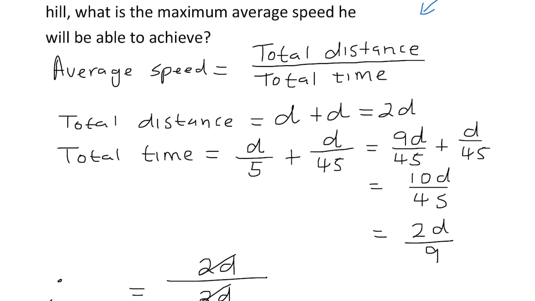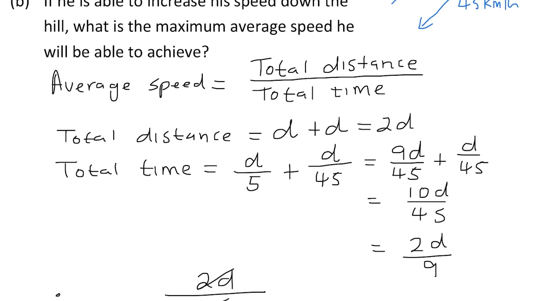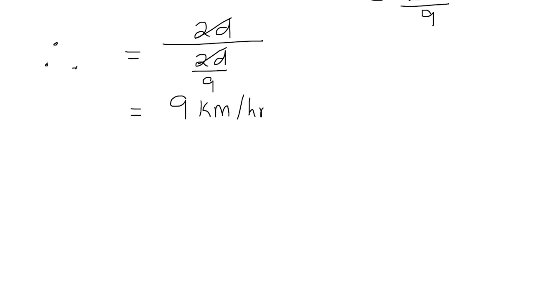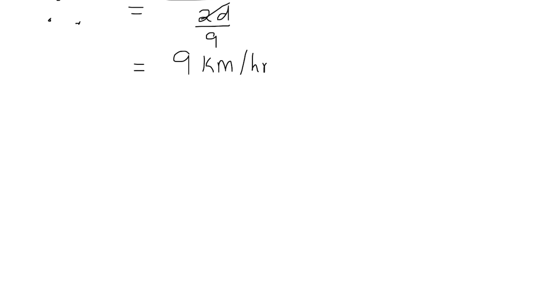Now, number B says if he is able to increase his speed down the hill, what is the maximum average speed he will be able to achieve? Okay, so let's think about that for a moment.